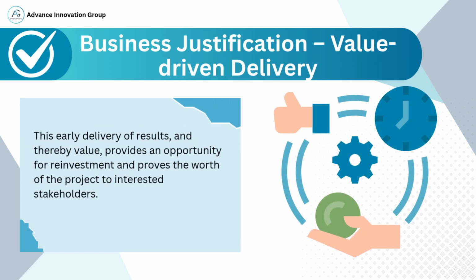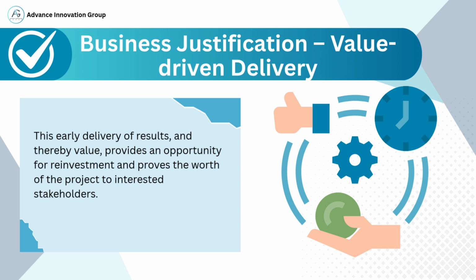In Scrum, business justification is based on the idea of value-driven delivery. Since every project carries uncertainty, be it in results, stakeholder expectations, or feasibility, it's risky to wait until the end to realize value. Scrum addresses this by delivering results early and continuously throughout the project.